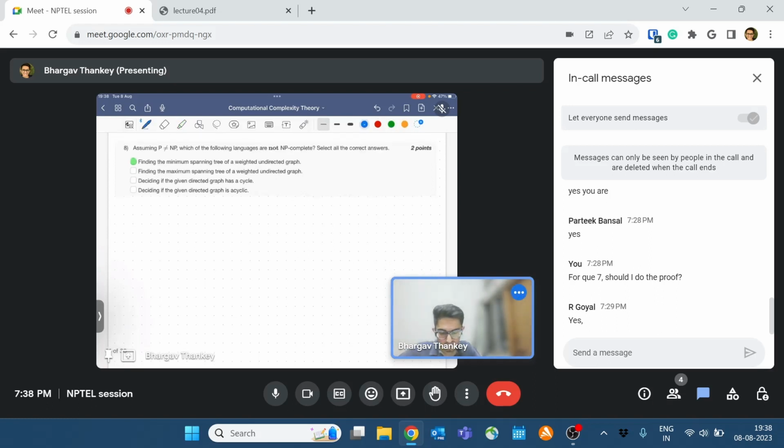So let me show why this is true. So what I want to claim is this: max spanning tree reduces to min spanning tree.